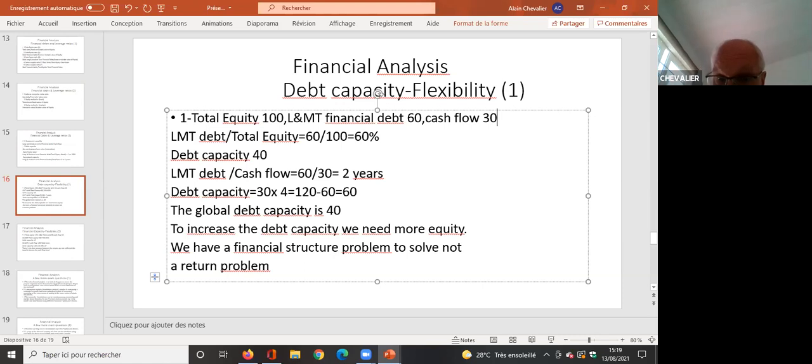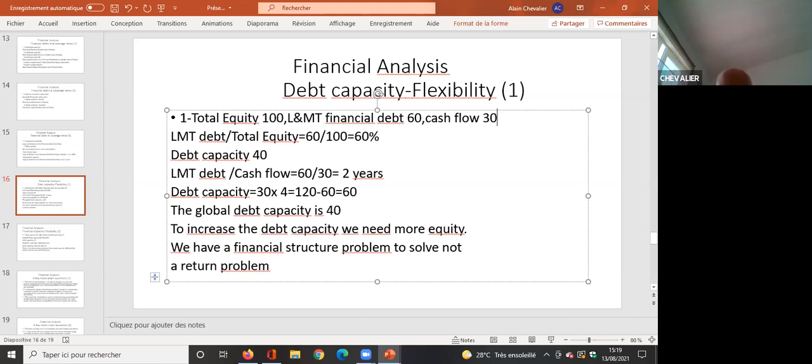That means the global debt capacity with this new hypothesis will be equal to 60, because both constraint, both analysis, structure, and we will bring a debt capacity of 60. So in that case, the solution, if you need to increase the debt capacity, is an equity issue.